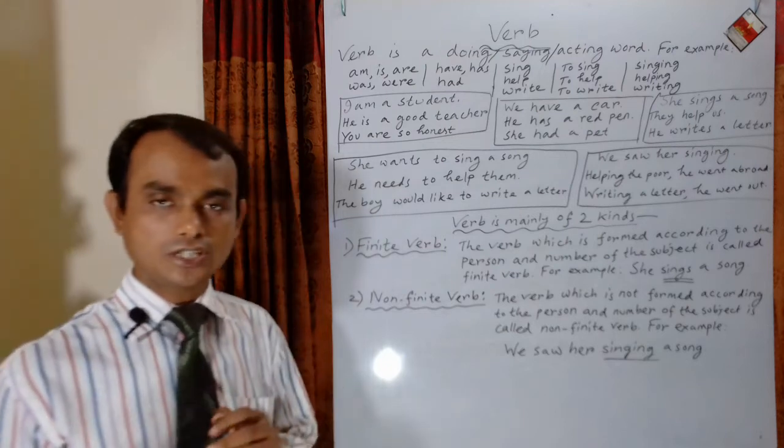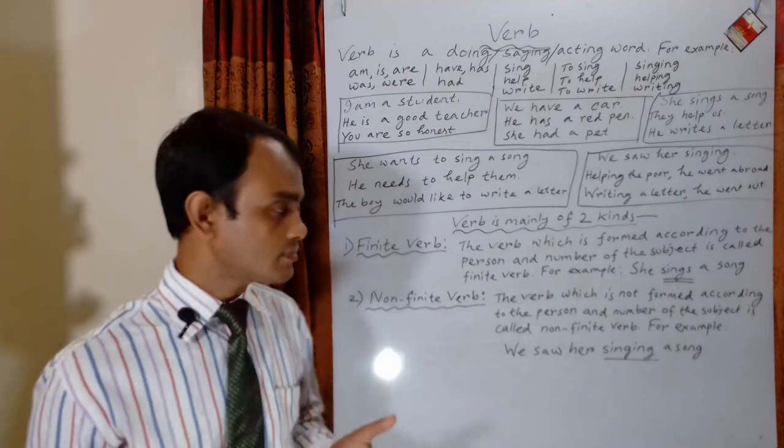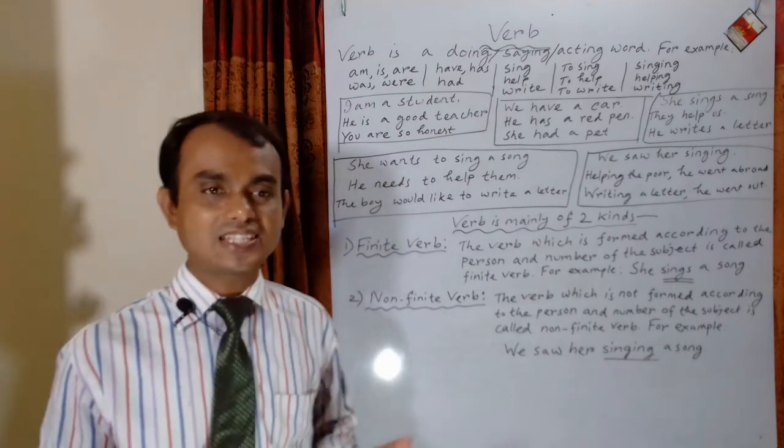The verb which is not formed according to the person and number of the subject. For example, we saw her singing a song.